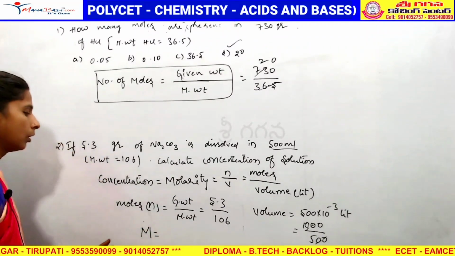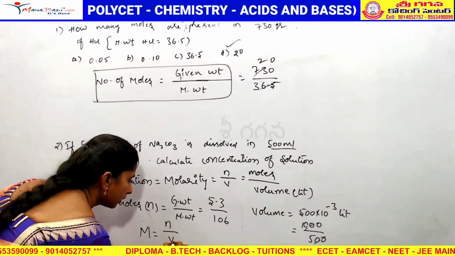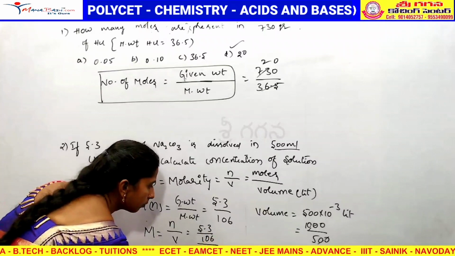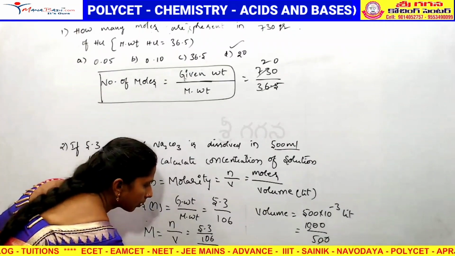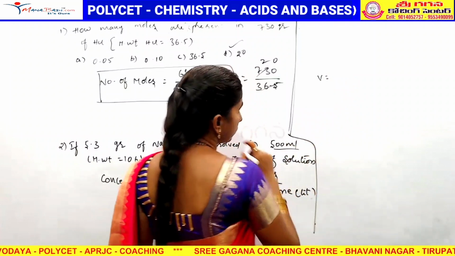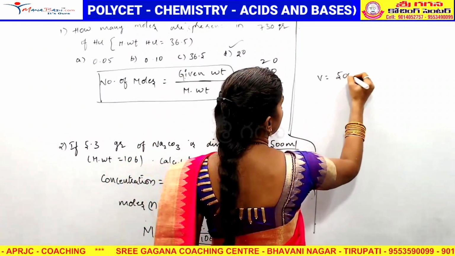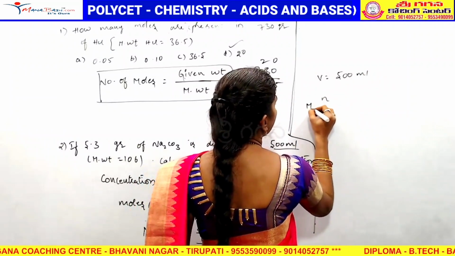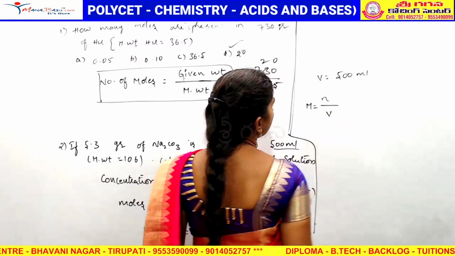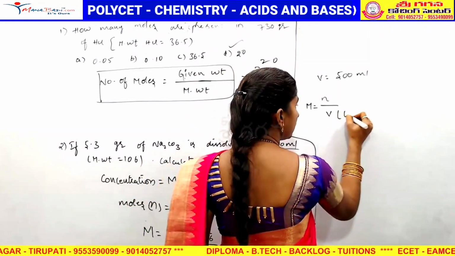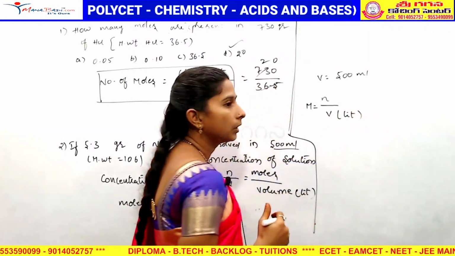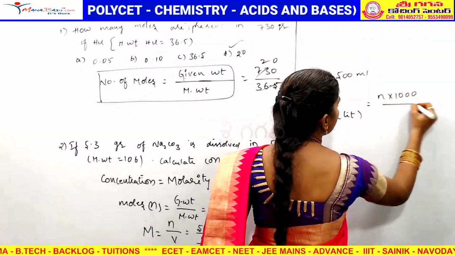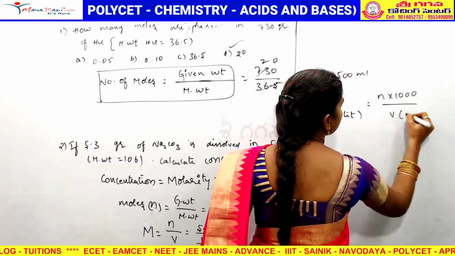Molarity is equal to N by V, where N is 5.3 by 106 and volume is 500 ml. If the volume is in liters, it is N by V. If the volume is given in ml, it is N into 1000 by V. This is the formula.